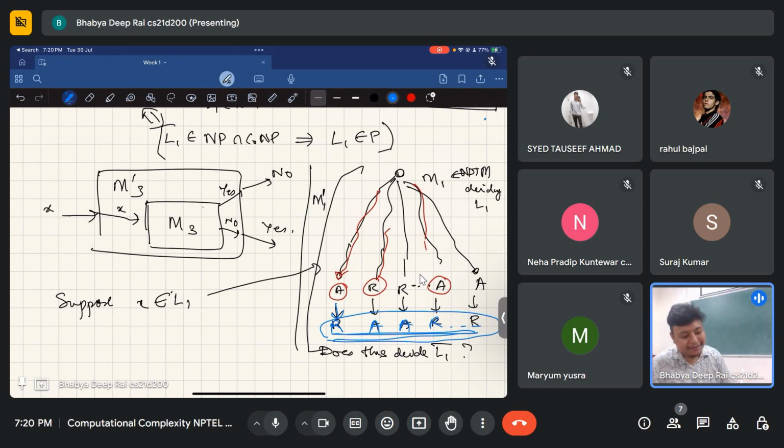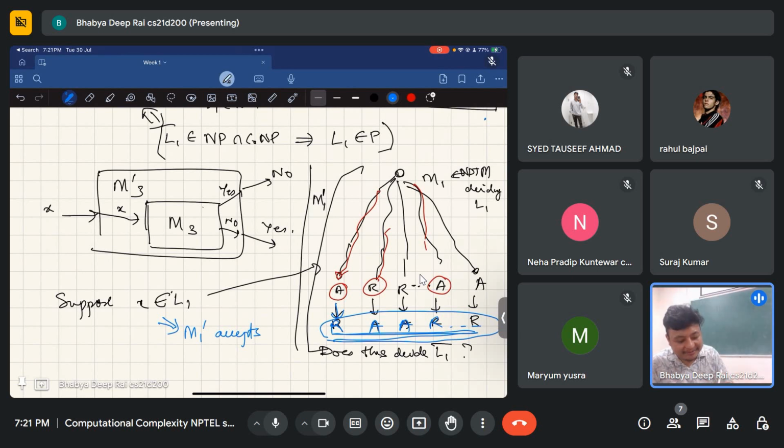By definition, a non-deterministic Turing machine accepts if there is at least one path which leads to accept. As I told earlier, it is a very lucky guesser. So even if one path accepts, then it is supposed to accept. Then M1 prime accepts.